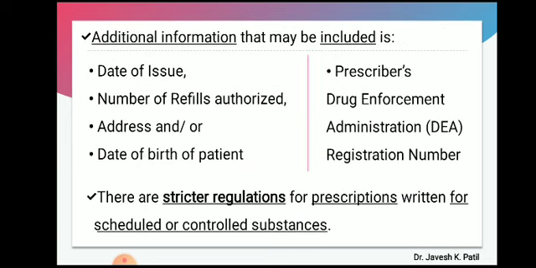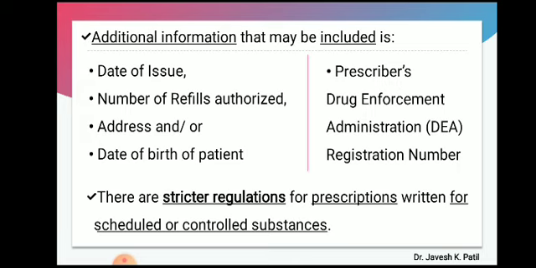In addition to the earlier information, there can also be the date of issue and number of refills. These refills are generally necessary for some drugs, scheduled drugs. For that it is an important one.